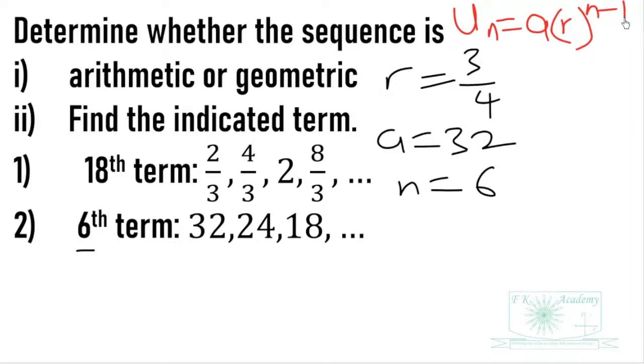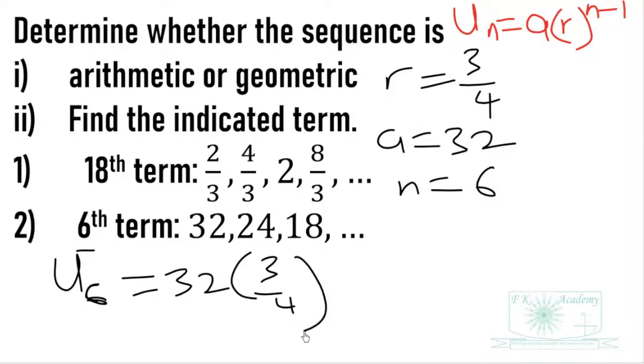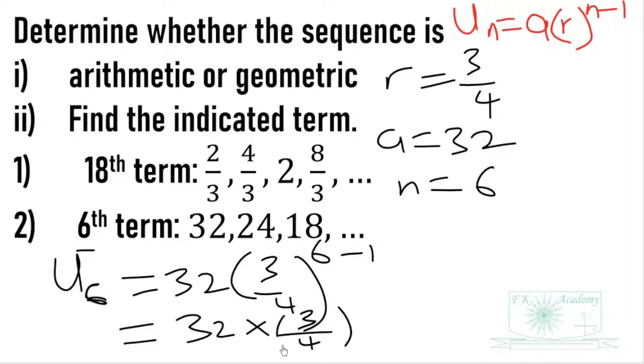So let's fix in: u subscript 6 is going to be a, which is 32, times r, which is 3 over 4, exponent n, which is 6, minus 1. This will simplify to 32 times 3 over 4 exponent 5.